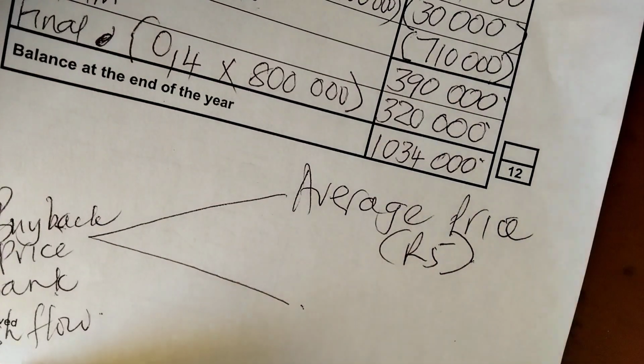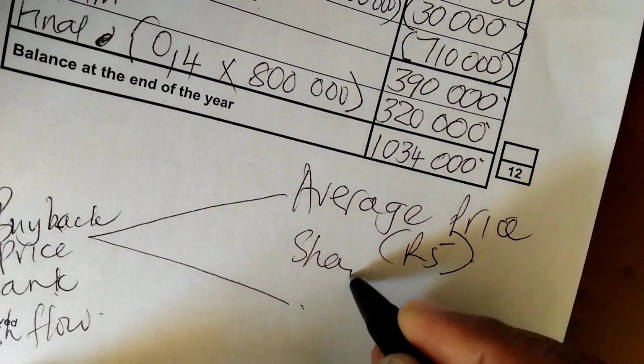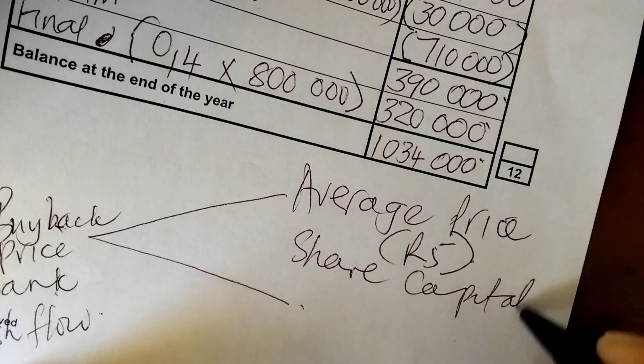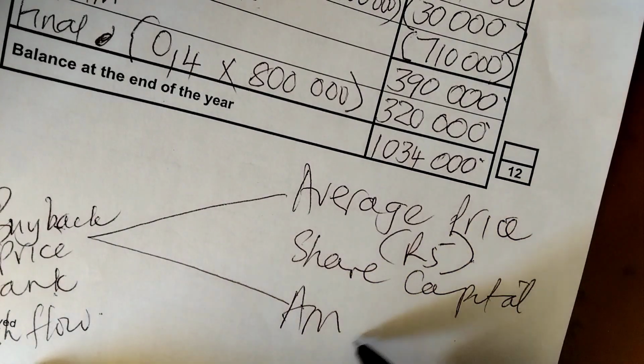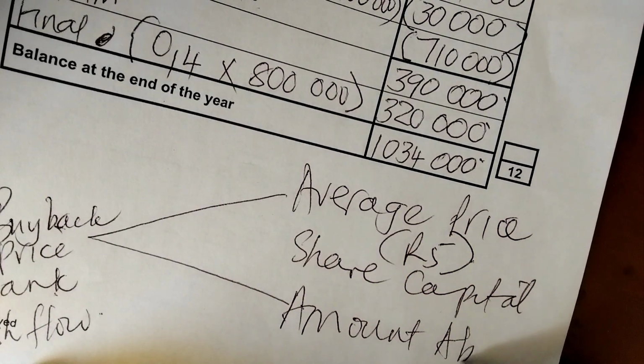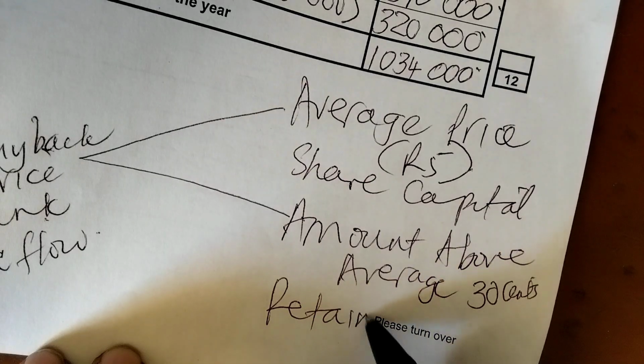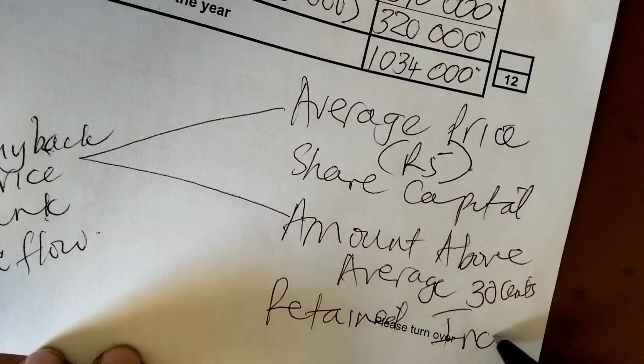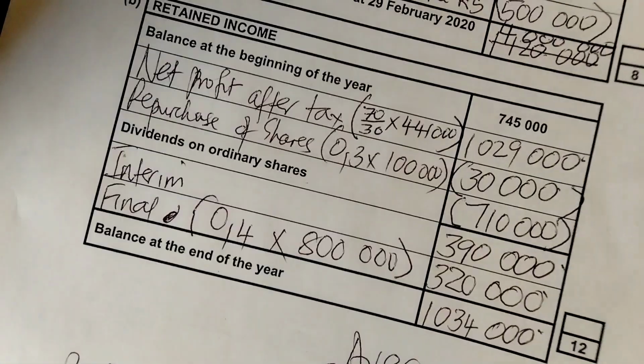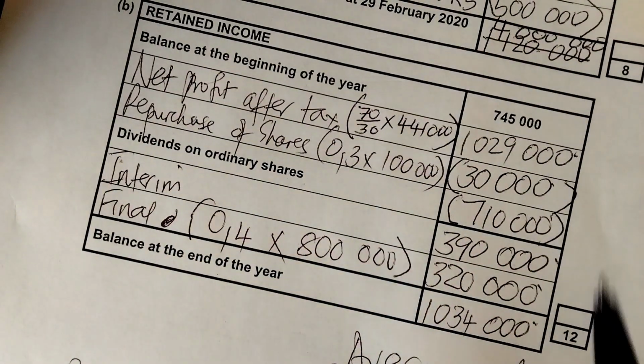And then this goes to share capital. And then the amount above average, in this case, was 30 cents, right? This must go to retained income. So it is very critical for you to be able to do that breakdown, but that's how this question was supposed to be done. Thank you.